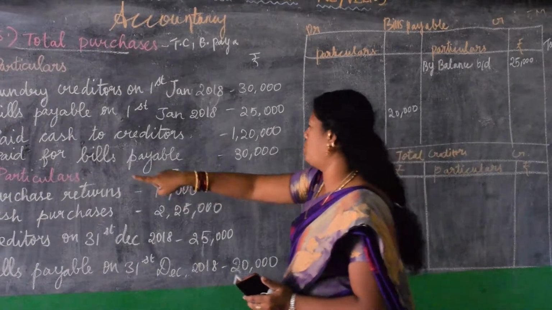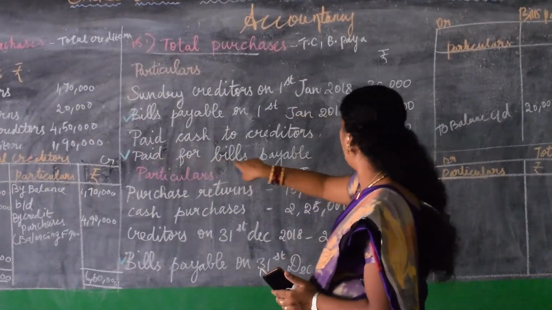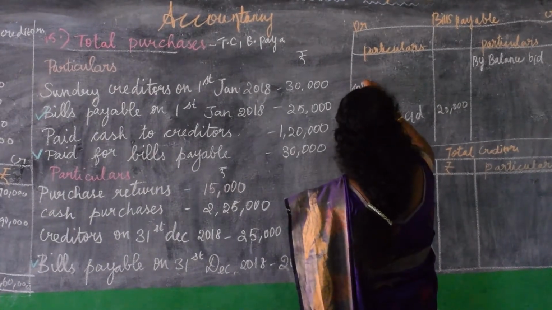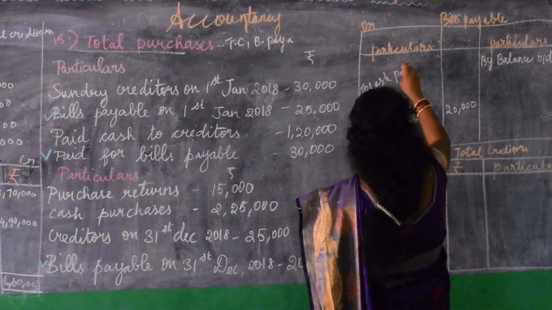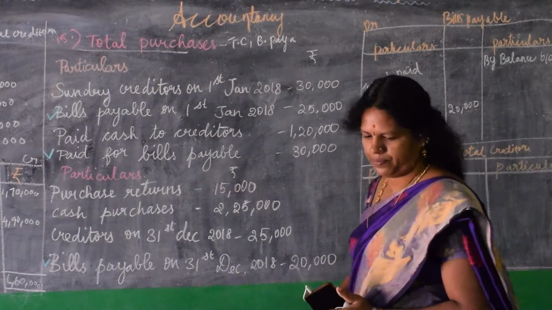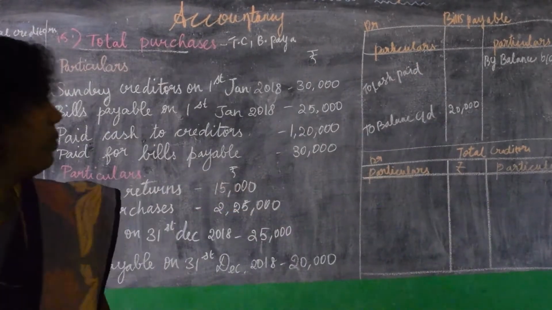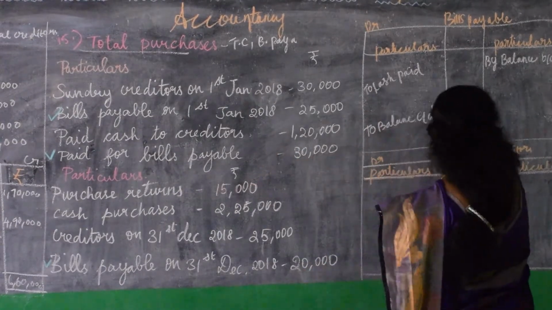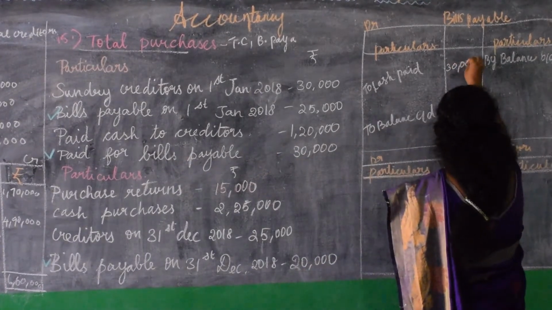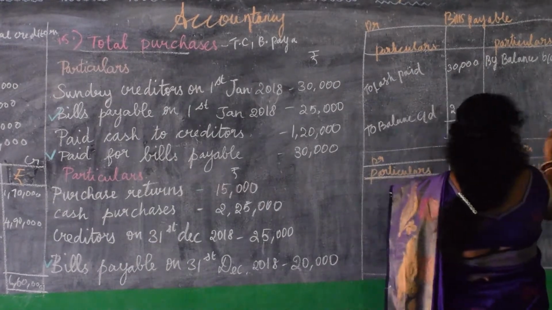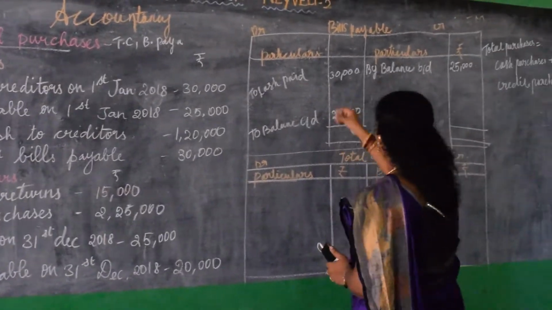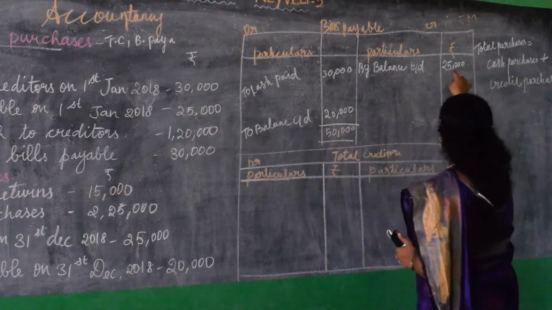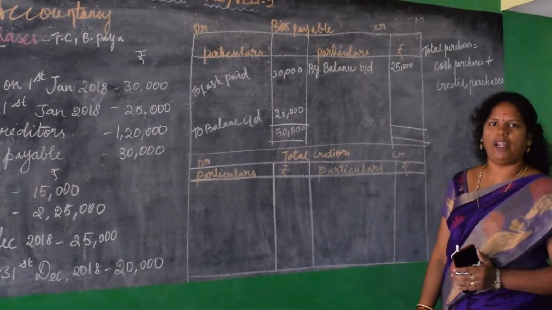I have told you that in the closing balances only you have to write all the values. Which is the transaction that was pending? This paid for bills payable, to cash paid. Cash paid is 30,000. Total both the sides, you will get 50,000. 50,000 minus 25,000, you will get 25,000.